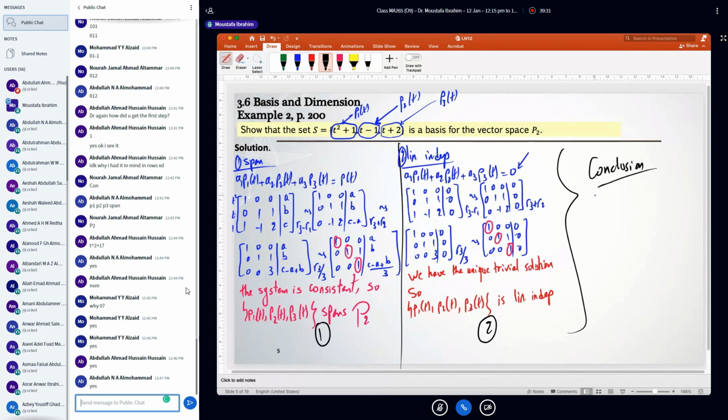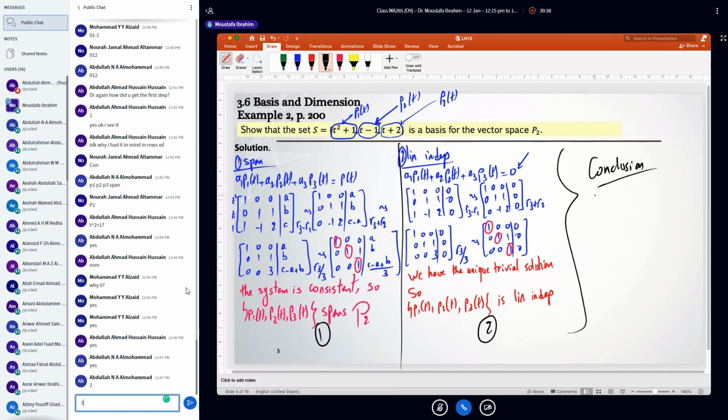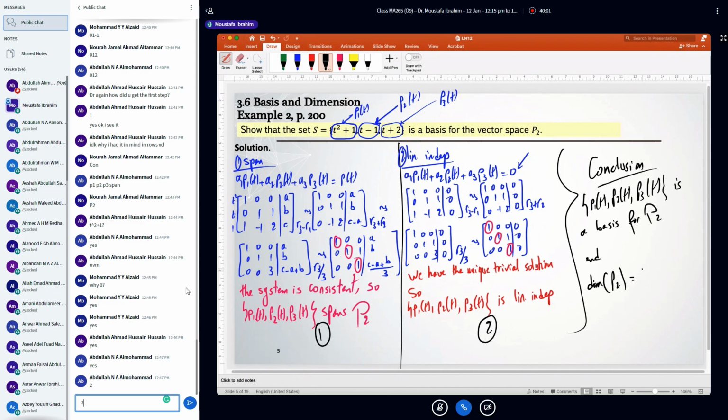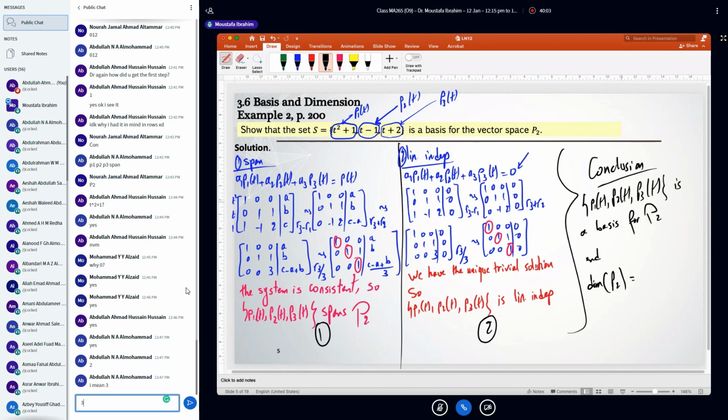And what's the dimension of P2? So dimension, you can get it from any basis. Now, how many polynomials do we have?